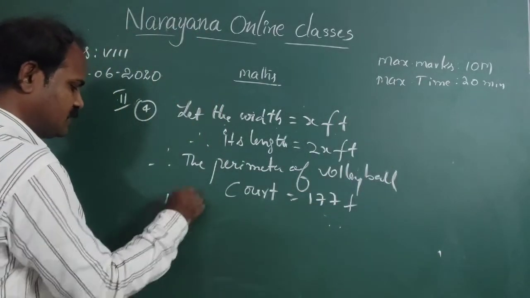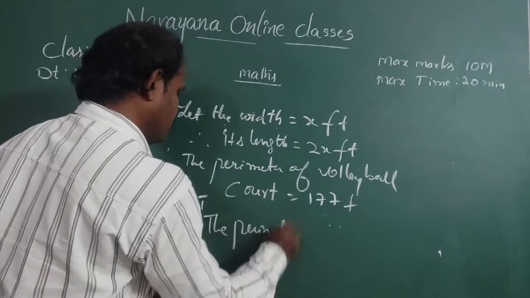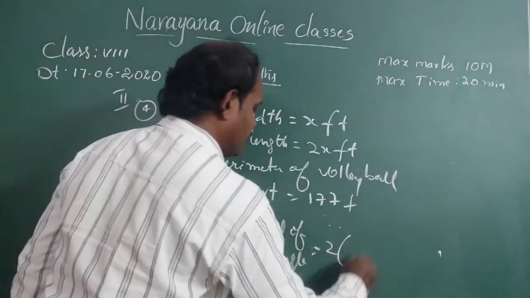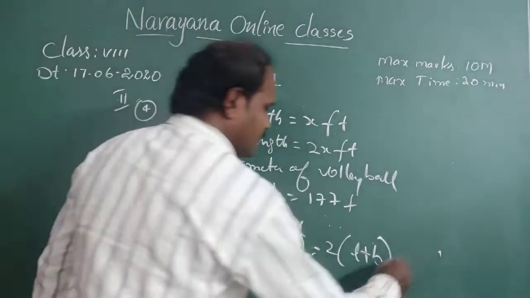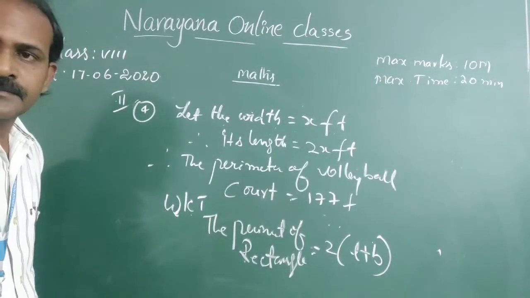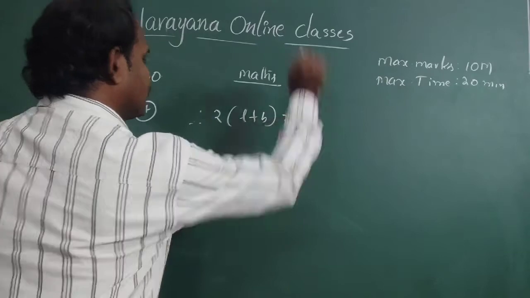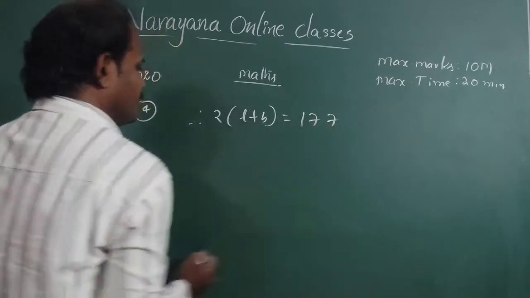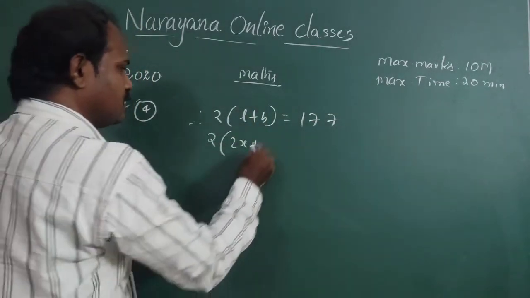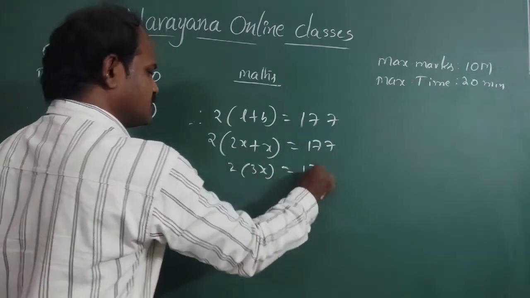We know that the perimeter of a rectangle is equal to 2 of L plus B. Therefore, 2 of L plus B is equal to 177. Substitute L value and B value: 2 of (2x plus x) is equal to 177, that is 2 into 3x is equal to 177.